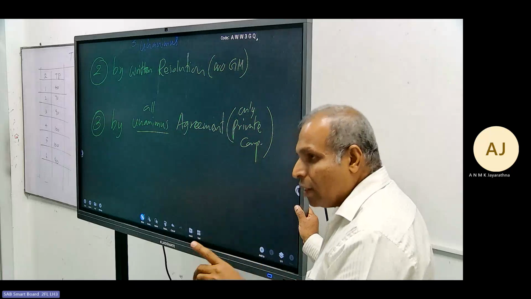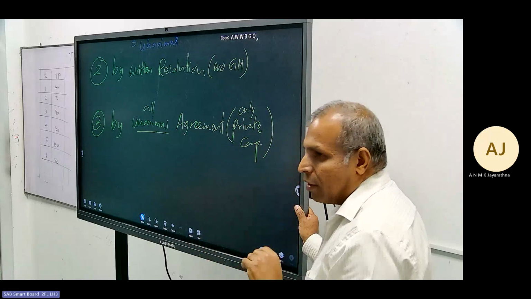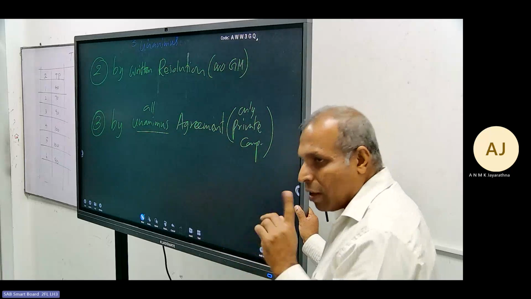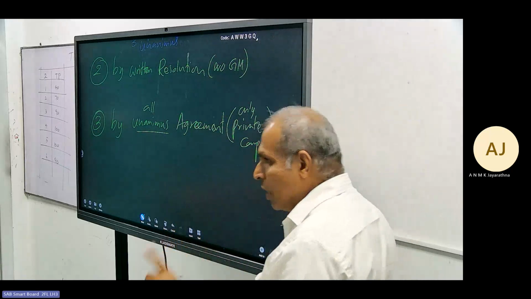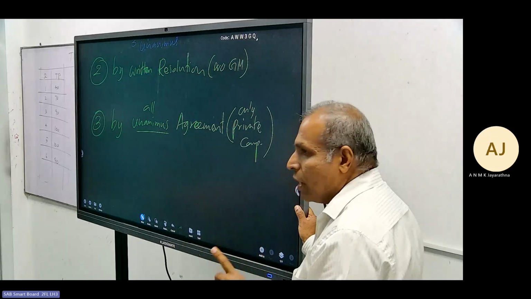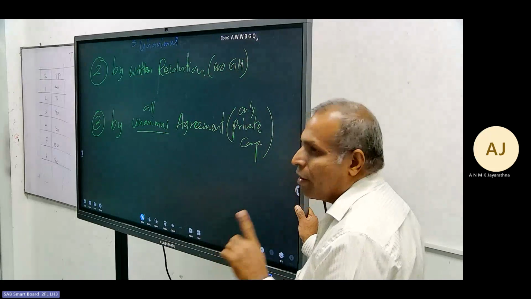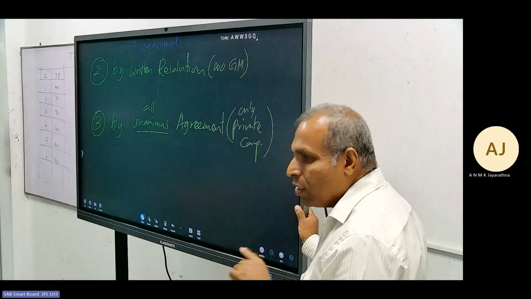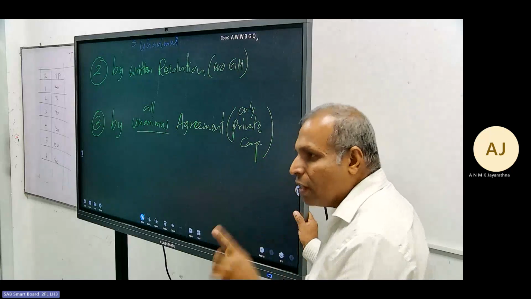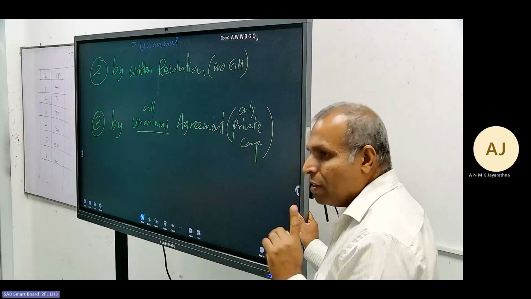But one condition: the company must meet the solvency test. If the company is able to meet the solvency test, then by way of unanimous agreement, they can engage in any type of transaction, even though it is not compliant with the articles. Understood? We have discussed that.